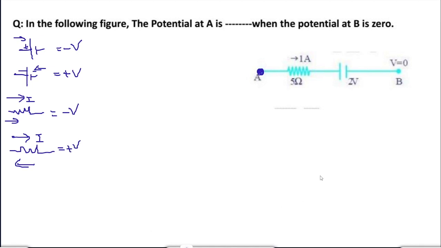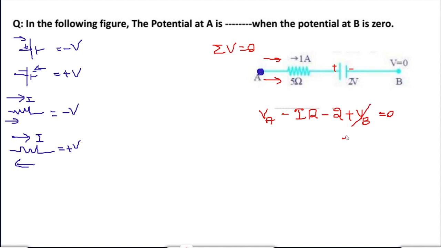Now by using these four rules, we can write the equation here. First, VA, the potential at A, and the current is going in this direction and we are also going in the same direction, right? So IR, and it is negative. Then we hit a positive terminal, so this is negative 2. And then VB equals 0, because according to loop law, the algebraic sum of the potential across every component is 0.